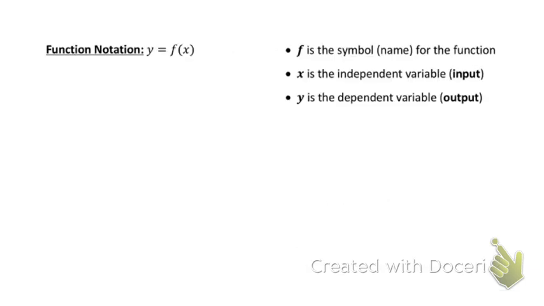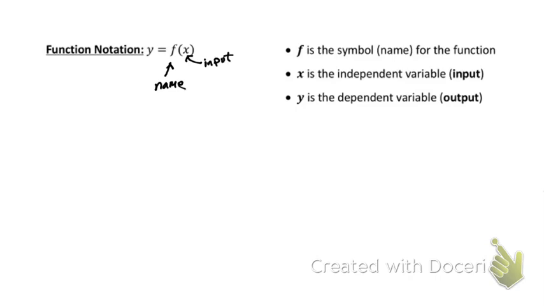All right, function notation. The reason I wrote this is because people get slightly confused by it. There's a whole bunch of information here. Don't get confused by f's, g's, h's, smileys, or whatever you want to put in there. That is just the name of the function. f is the name. x tells you what you're inputting.